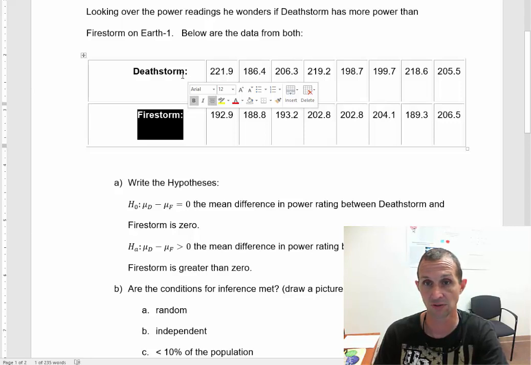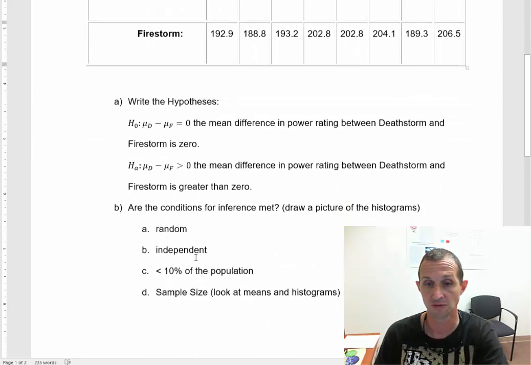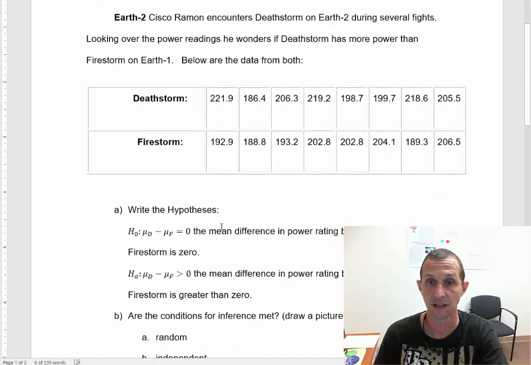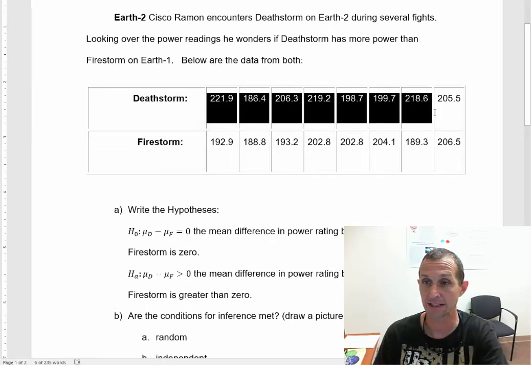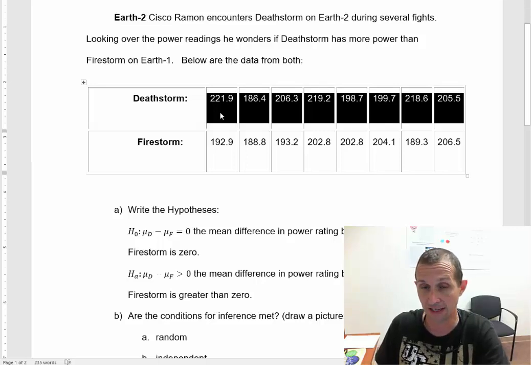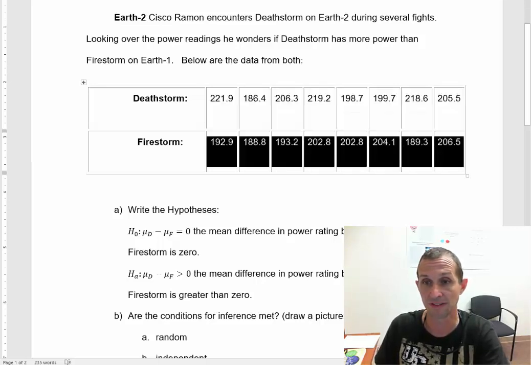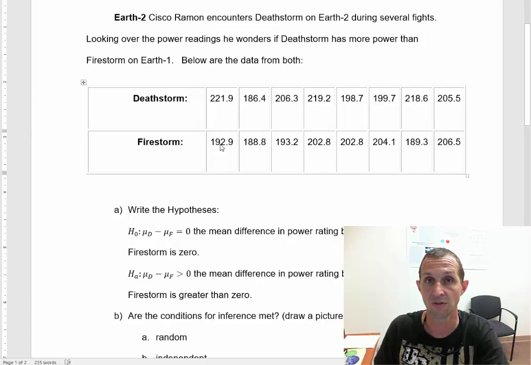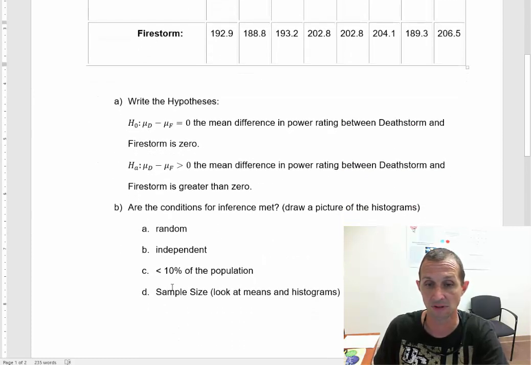These are two different individuals from two different dimensions, two different Earths, so those are definitely going to be independent. Less than 10% of the population: I've got 8 power readings, so Death Storm would have to have at least 80 fights. Firestorm would be the same thing, and that seems plausible and reasonable.